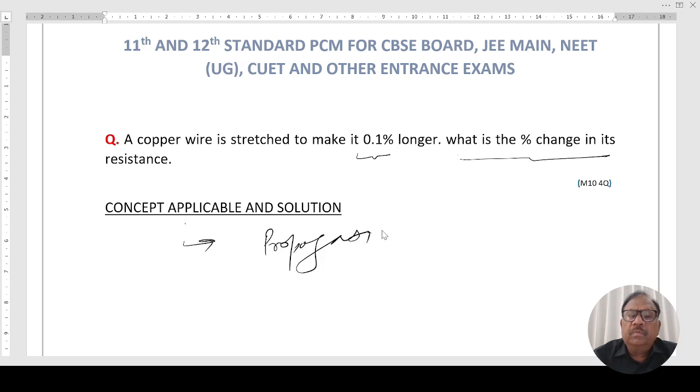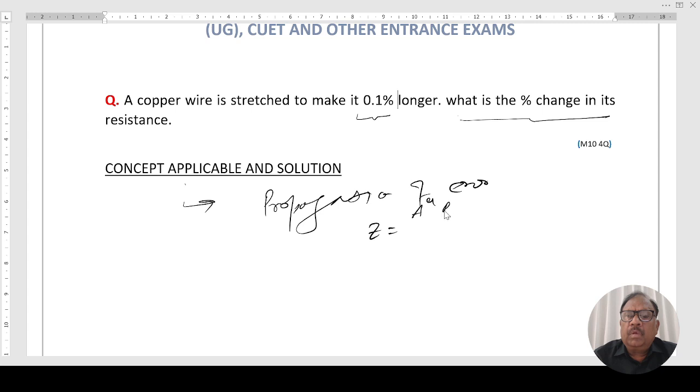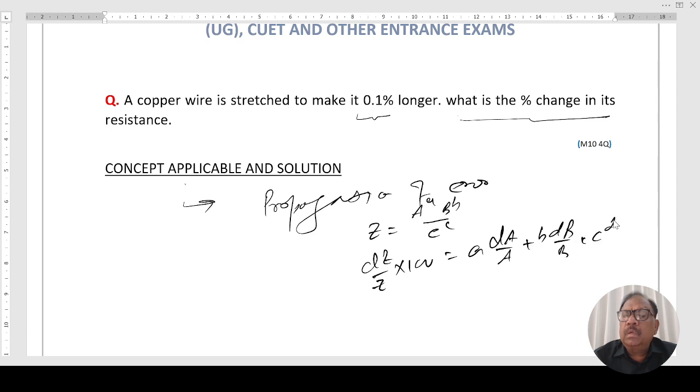If Z equal to A to the power a, B to the power b, C to the power c, then dZ by Z equal to a dA by A plus b dB by B plus c dC by C.